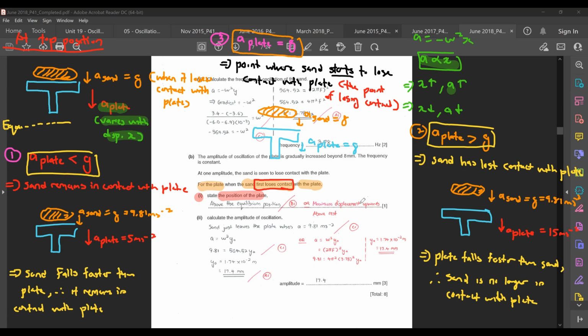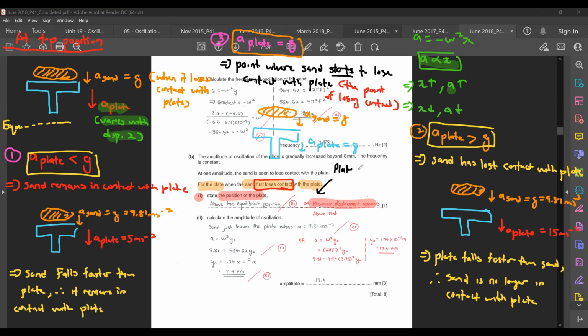It should be at the maximum displacement upwards, no? It cannot be at the position below your equilibrium position. It cannot be at the maximum displacement downwards, because logic will tell you that you need your plate to be moving downwards in order for your sand to start to lose contact.